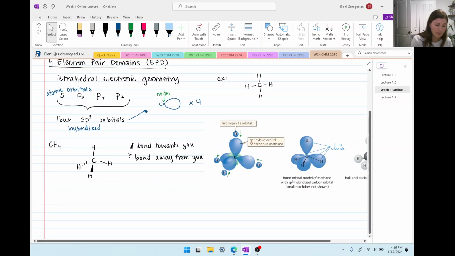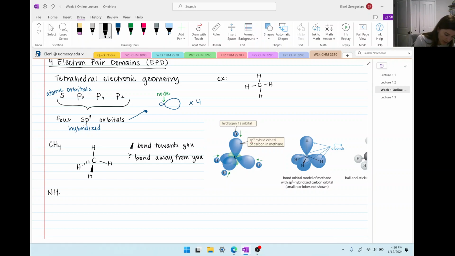Another example of a molecule with 4 electron pair domains is NH3. We'll add the electrons when we do the Lewis structure. So NH3, we have nitrogen in the center and 3 hydrogens.